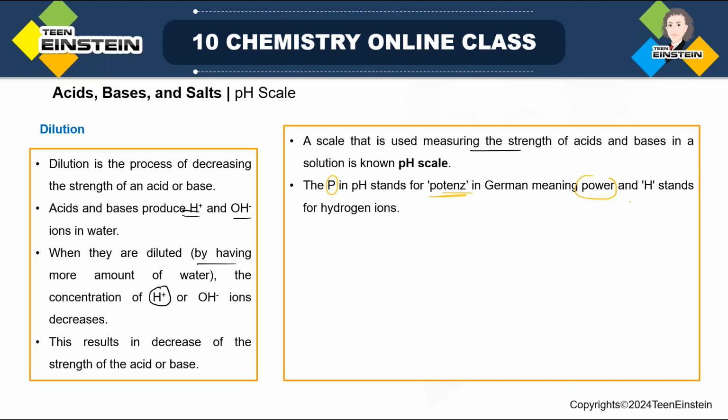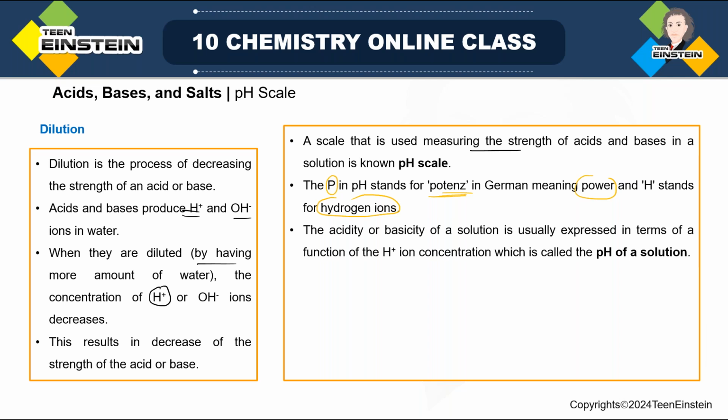And the capital H in the term pH stands for hydrogen ion. So what does it mean together? It means the power of hydrogen ion. So when the power of hydrogen ion is high, there will be one type of value in the scale, and when the power of hydrogen ion is low, there will be another type of value in the pH scale. Okay.